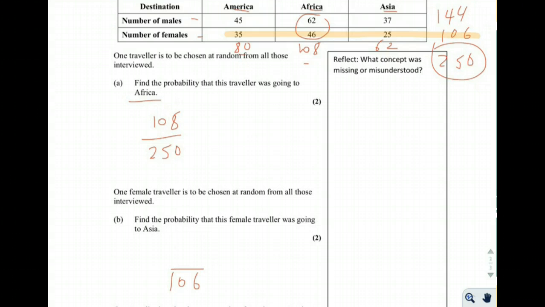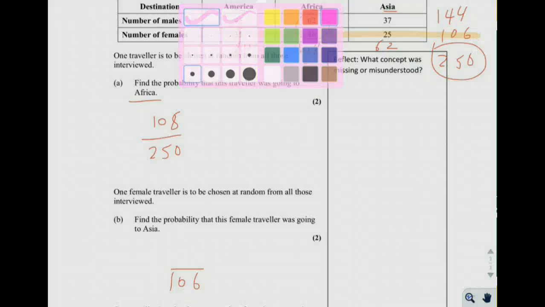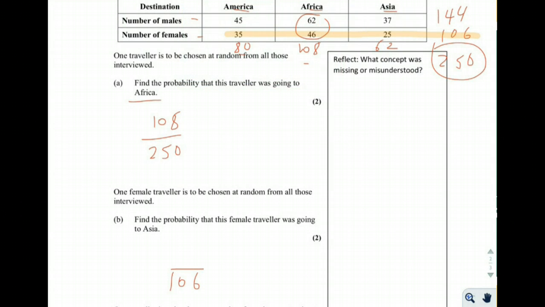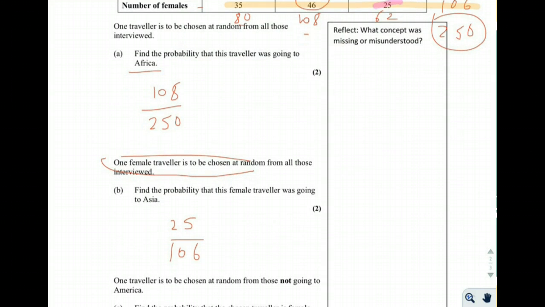So that would be only 25, right? So that would be 25 out of 106. It wouldn't be 25 out of 250 because they said that they already chose the female traveler. So it's already narrowed down to 106. It's not 250 anymore, okay? It's like saying, find the probability that this female traveler is going to Asia given that a female traveler was chosen.